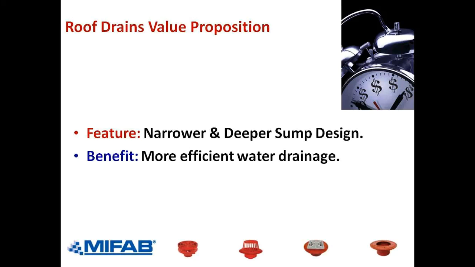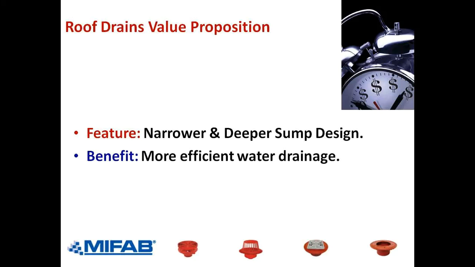So why somebody would care is when you're up on the roof cutting holes in the roof, you don't need to cut as big of a hole to fit the MyFab R1200 roof drain versus the Z100 or the Smith 1010, because our sump diameter is narrower.